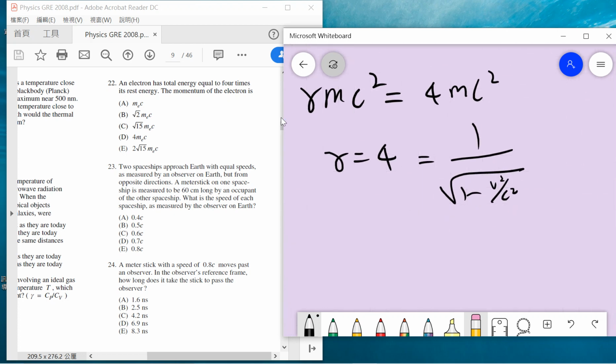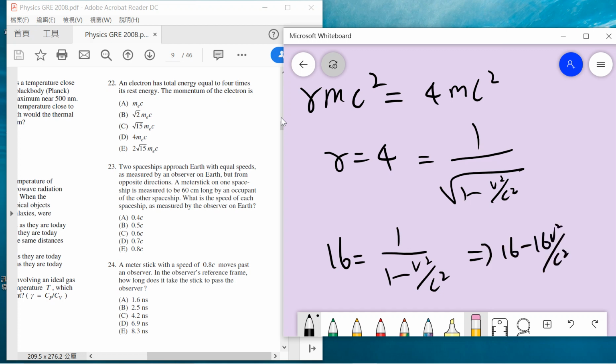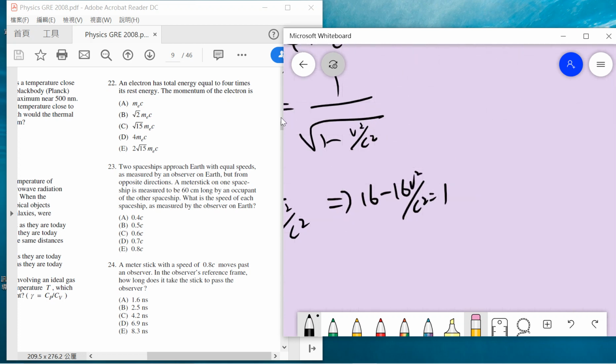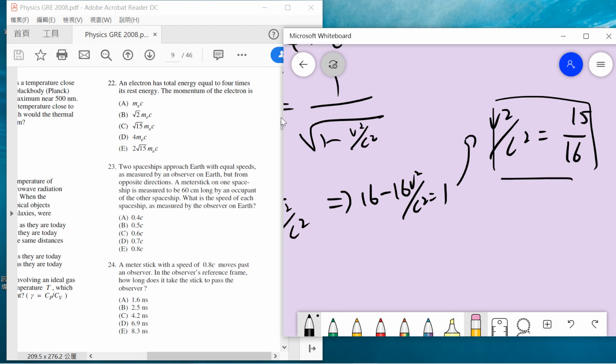So 16 equals 1 over 1 minus v squared over c squared, and v squared over c squared is 15 over 16. So v over c is square root of 15 over 4.